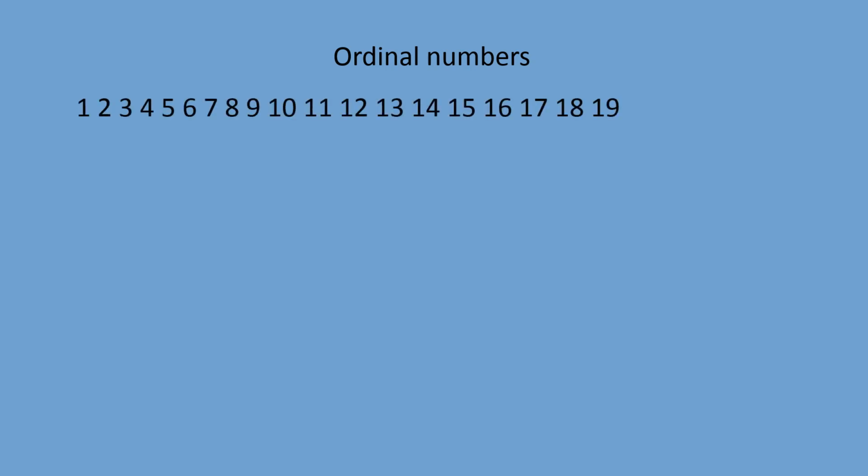Okay, how do we use ordinal numbers in the German language? For the first 19 numbers, starting with 1 and finishing with 19, when we create an ordinal number out of a cardinal number, we have to take the number and put the suffix t to the end. So what is a suffix? A suffix is a small particle we use at the end of a word, but it means that something else will come after that.